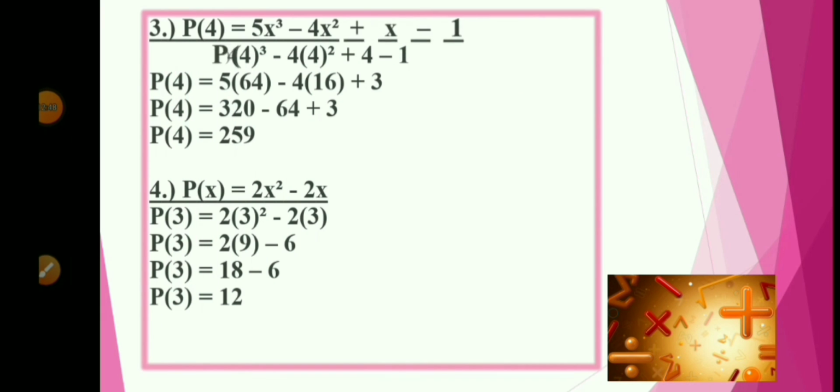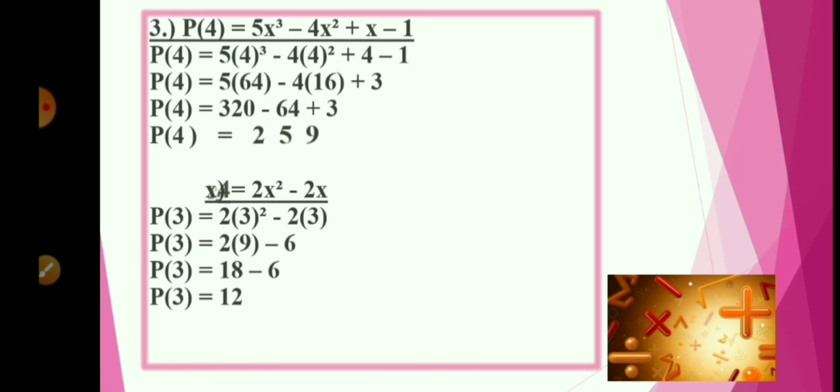Now we have examples number 3 and 4. Number 3, we have p of x is equal to 5x cubed minus 4x squared plus x minus 1. The same as what we did in the previous examples, we just simply substitute the value of x, 4, into our equation.